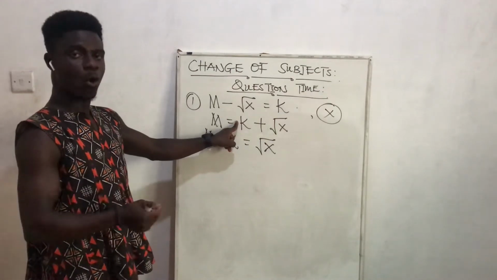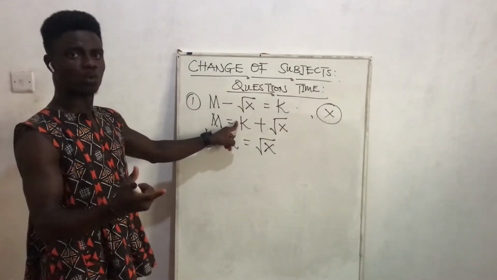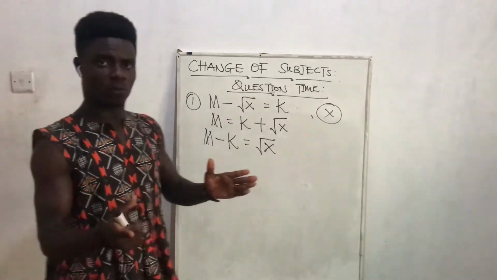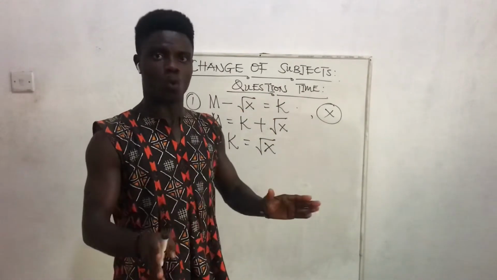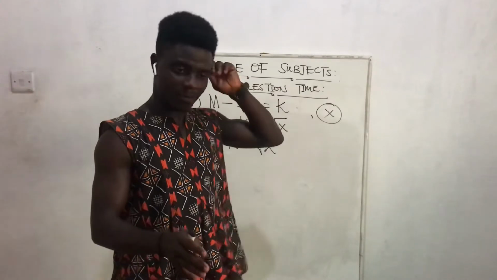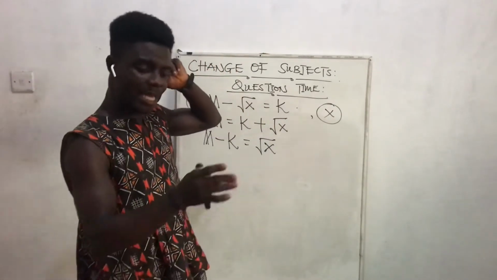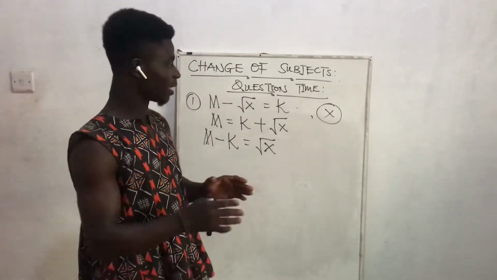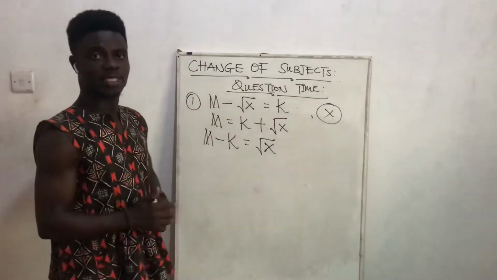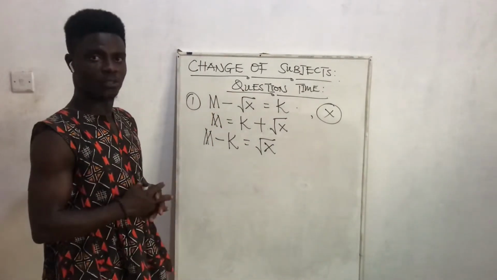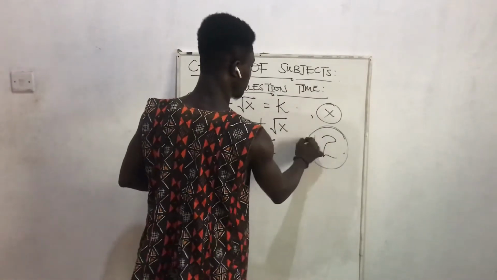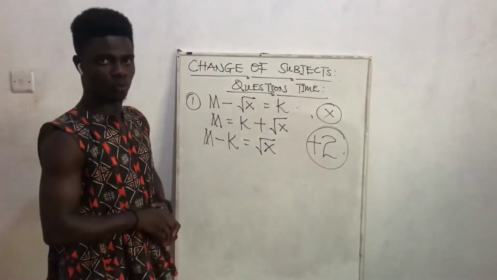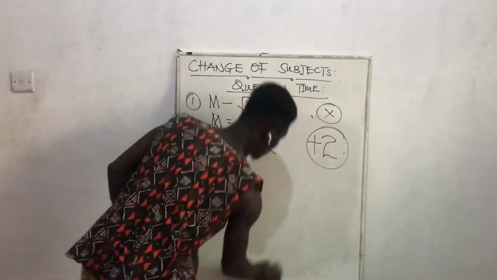Any variable or any value standing on its own, without a negative sign attached to it, is a positive variable or positive value. So if I have 2, then this one is positive 2. Alright, let's proceed.